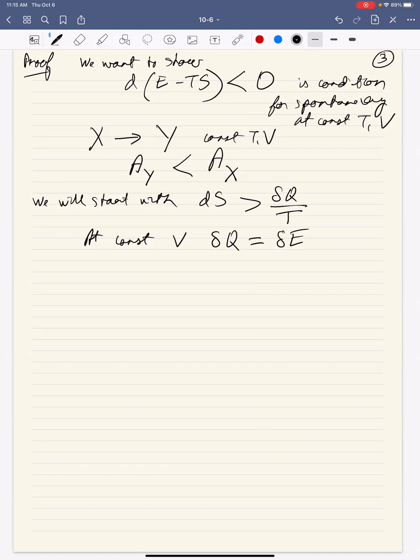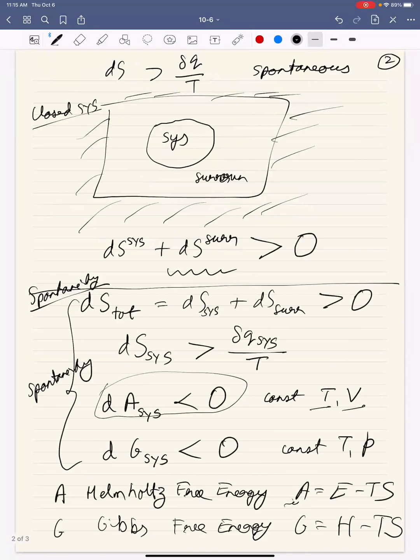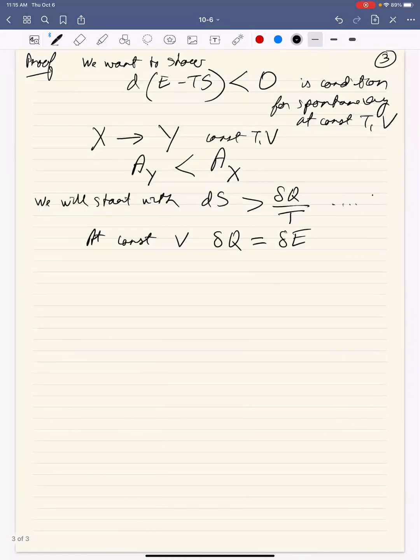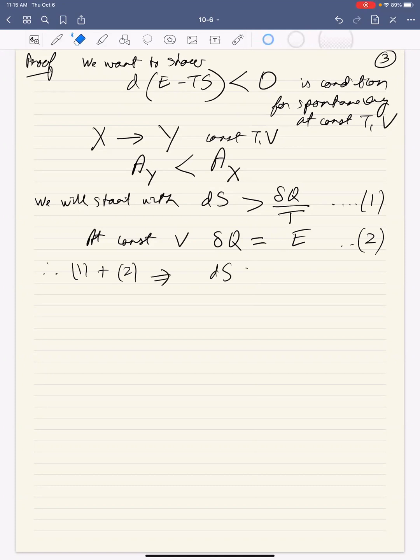So dV is 0, constant volume, so delta Q is equal to dE. Let's call the first equation number 1 and this equation number 2. Therefore, 1 plus 2 imply dS is more than dE by T, and I don't have to write delta E because it's a state function, so I can write dE. So dS more than dE by T is the condition for spontaneity at constant volume. I have not yet introduced constant temperature, okay?